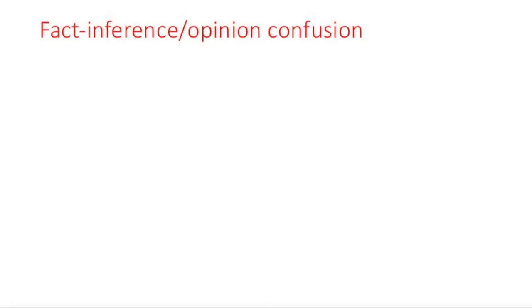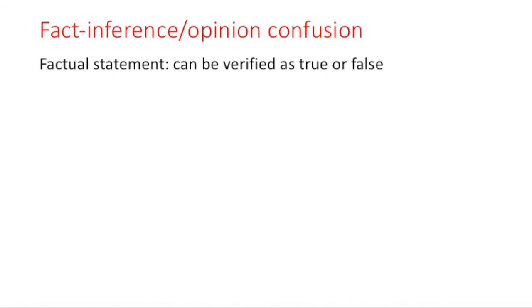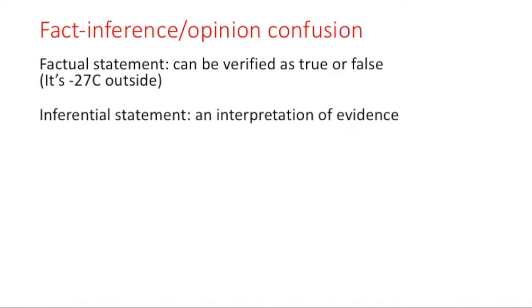The next major barrier to verbal communication that I want to suggest is this idea of fact, inference, opinion confusion. So I'm going to sort of throw a few terms out here. Factual statement. That's a statement that can be verified as true or false. So something like, "it's minus 27 degrees outside." An inferential statement is an interpretation of evidence.